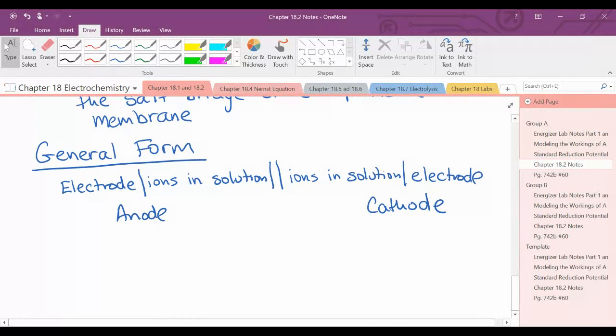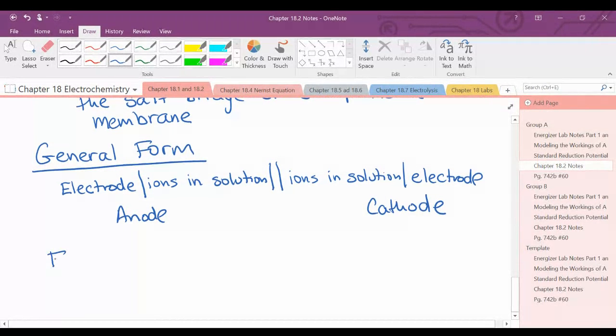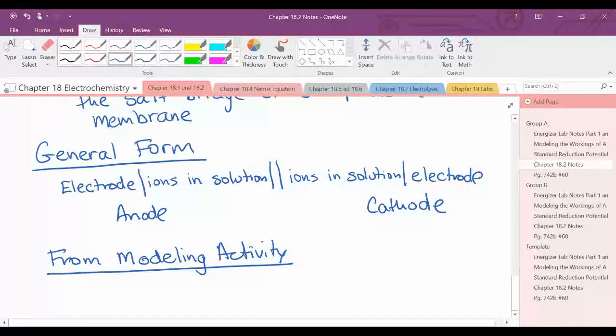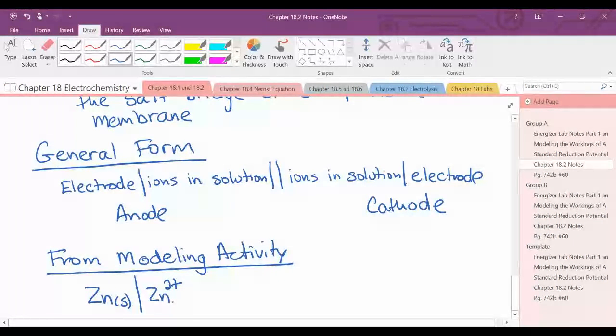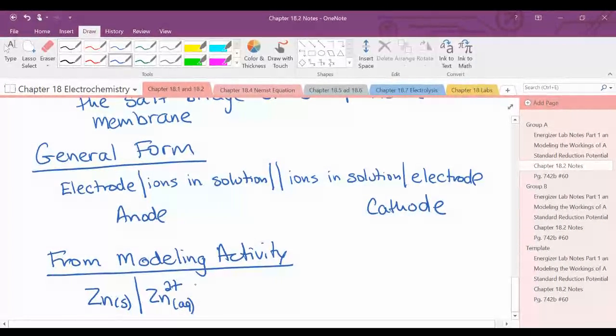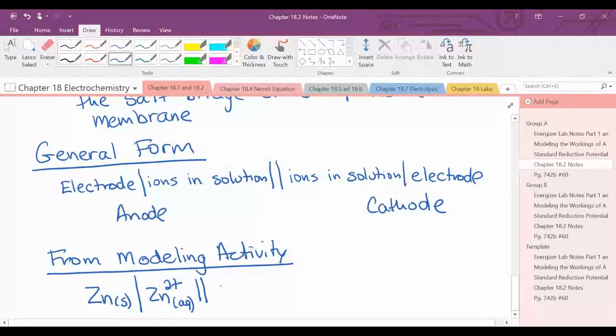So from our modeling activity, on the anode side, our electrode was solid zinc. The anode ions were zinc cations, separated by a semi-permeable membrane.